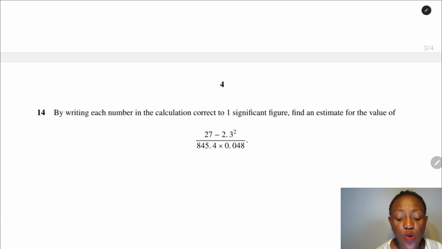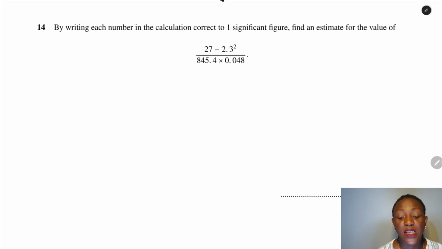Okay. Now, the final question we're trying here today, very similar. Rounding each one to one significant figure. So we have 27 as our first digit there. 27 will round up to 30, minus 2.3 will round to one significant figure, which is 2, raised to power 2.